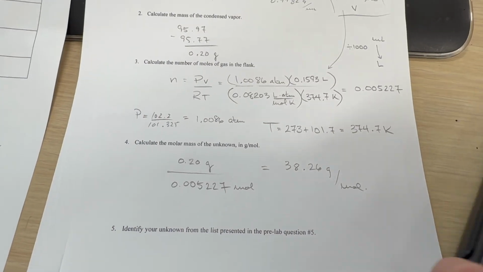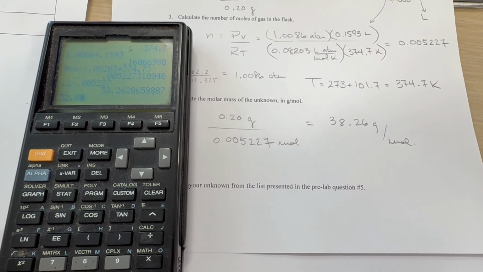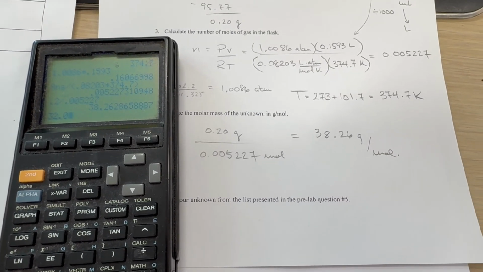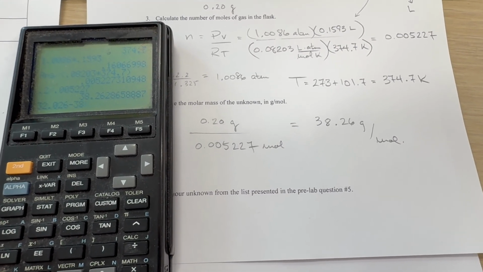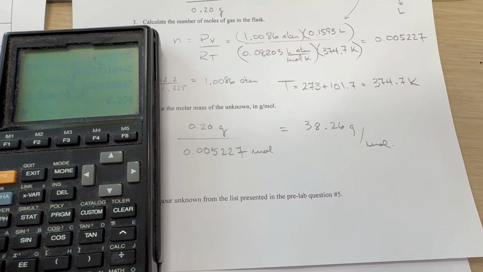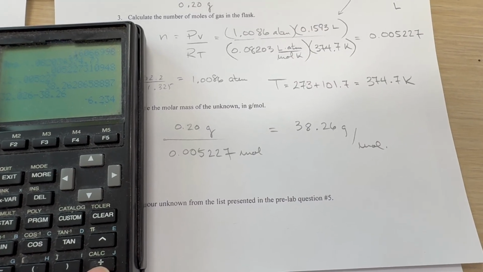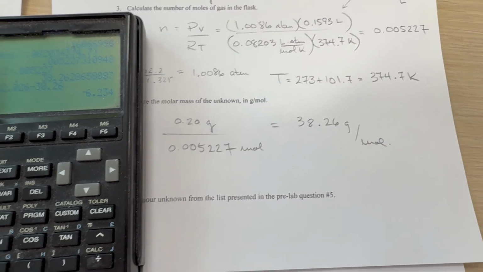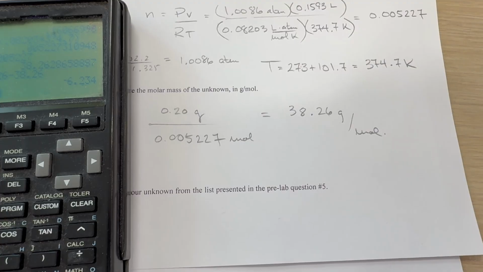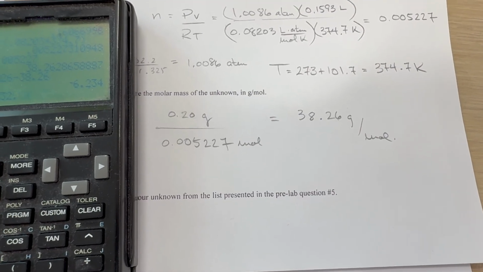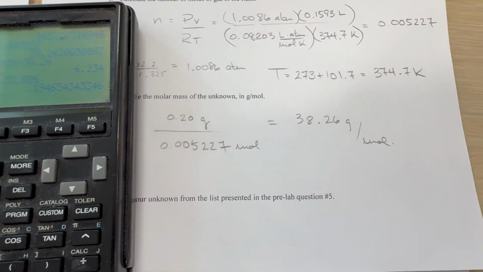So 32.026 minus 38.26. So we are quite a bit off, 6.2 grams divided by 32.026 to get a percentage. 19% error on this one.